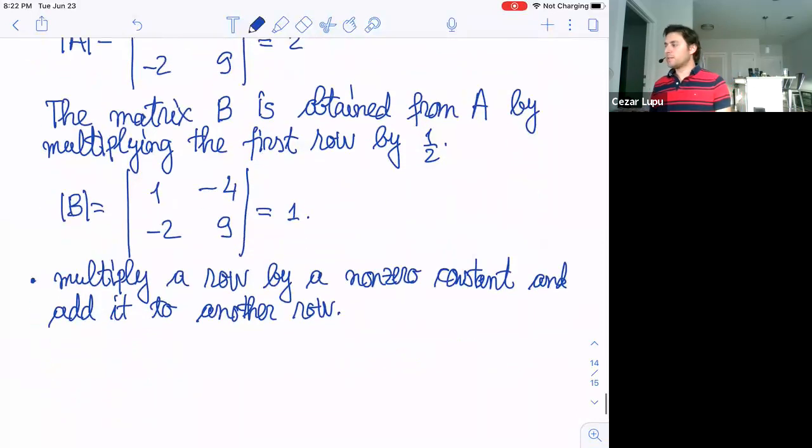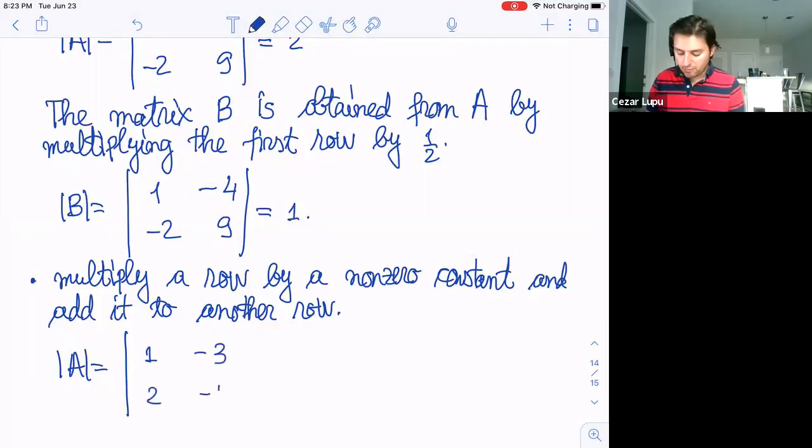Let's see. Let me take the determinant of the following matrix. So it will be 1, -3, 2, and -4. So the determinant of this guy will be what? 2, right? Yes, 2.